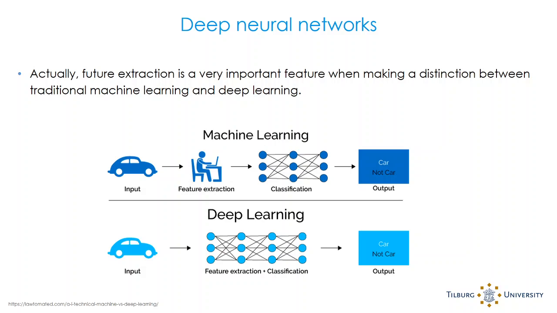Like for example, deep neural networks. So we can say that the values of the hidden neurons in a deep neural network are the values of the extracted features. So, in short, we can say that the hidden neurons are the extracted features. Of course, it depends on the architecture of the network.